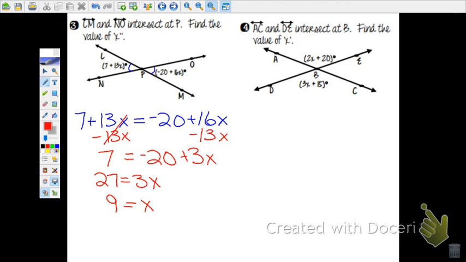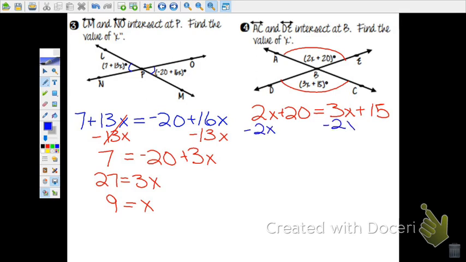Same kind of thing with number 4. We know that line AC and line DE intersect at point B. So we have vertical angles that were formed. We know vertical angles are congruent or equal to each other. Again, I've got a variable on both sides.